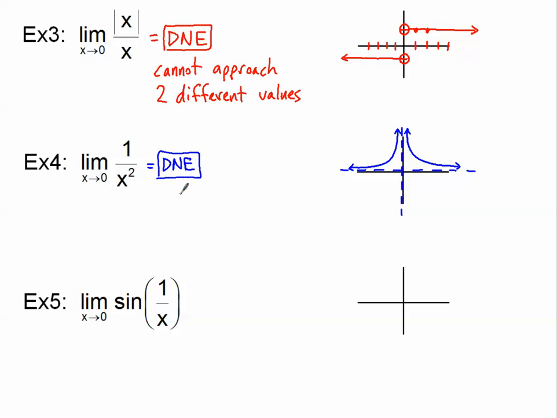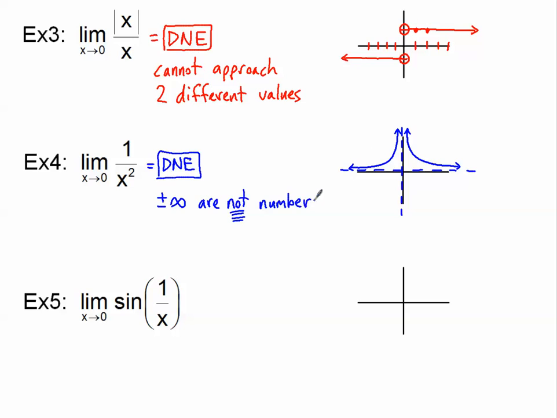D, N, E. Well, as we get closer and closer to 0, let's look on the left side. As we get closer to 0 on the left side, it looks like our function is going up to infinity. And on the right side of 0, as we get closer and closer and closer, it also looks like the function is approaching infinity. So we're not approaching two different values, we're approaching the same value. So what's the problem? Well, the problem is positive or negative infinity are not numbers.